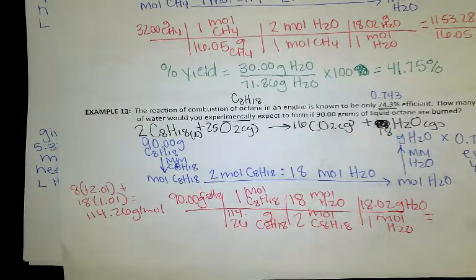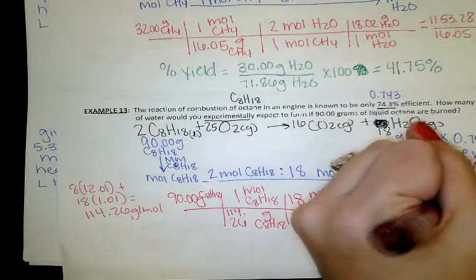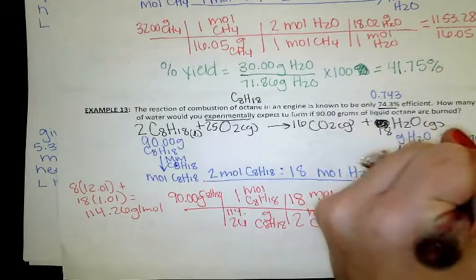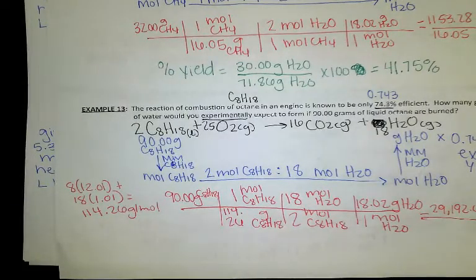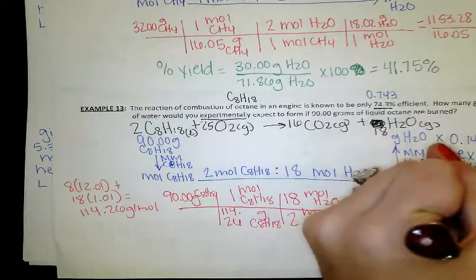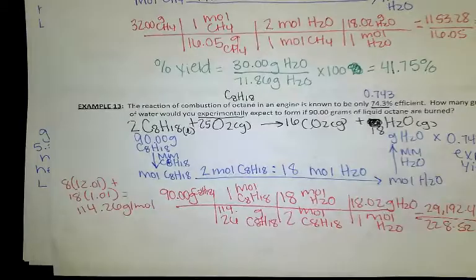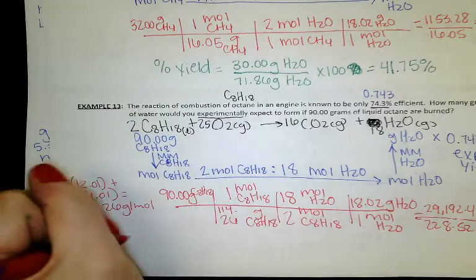It's going to give me 29,192.4. And then 2 times 114.26. It's going to be 228.52. So I'm going to divide those. 29192.4 divided by 228.52. That's going to give me 127.6 grams of water. Theoretically, that's how much I can produce.